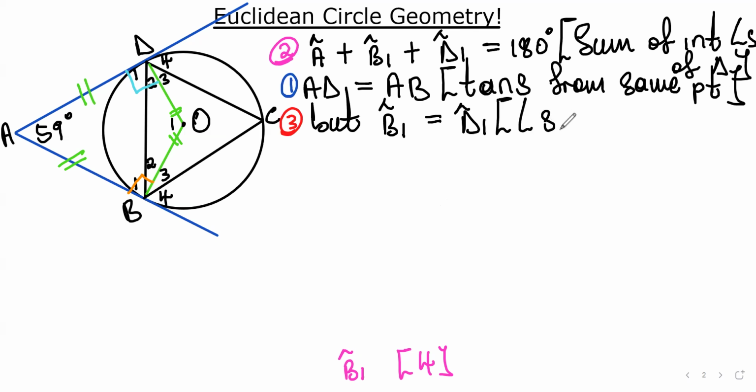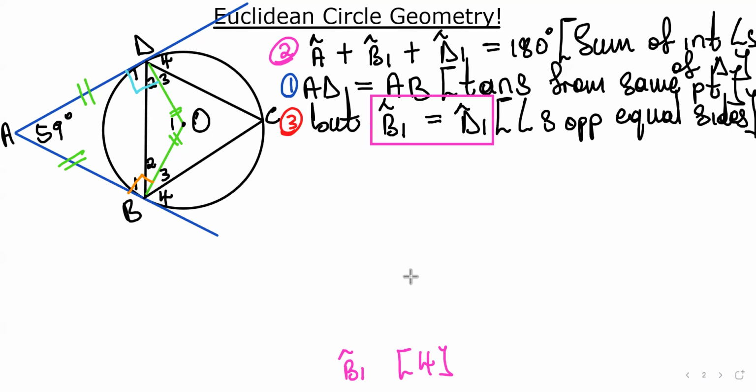And of course, that's because they're angles opposite equal sides. So what you're saying is, if two tangents are drawn from the same point, then I'm going to have an isosceles triangle. And in an isosceles triangle, the base angles are equal to each other. That's the argument you are building here.